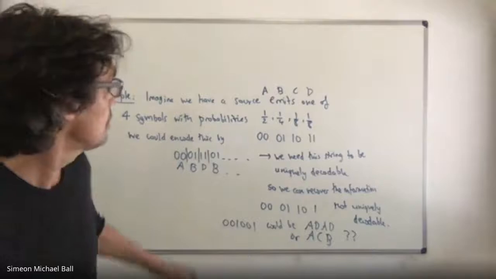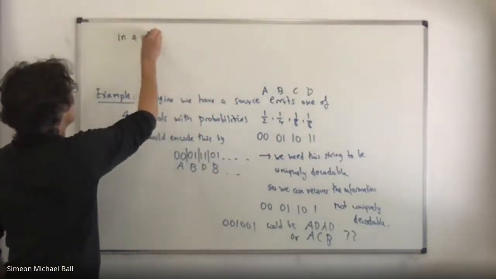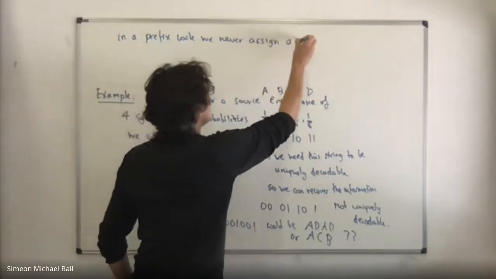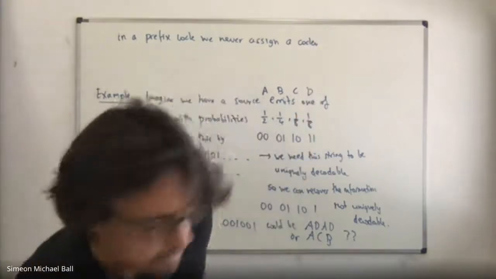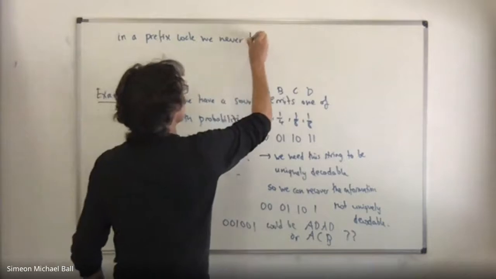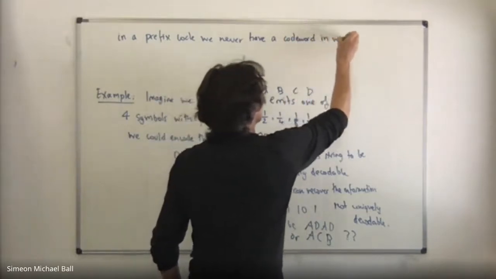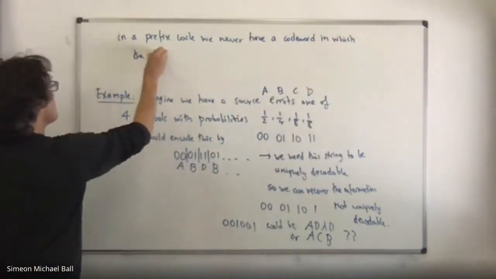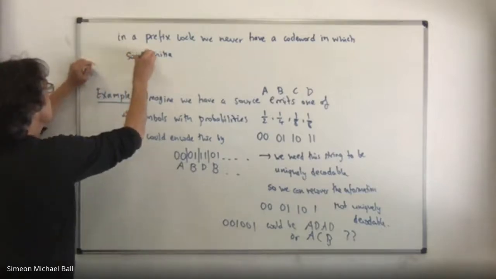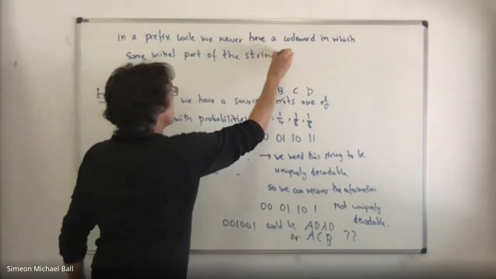A prefix code is one in which we never assign a code word in which some initial part is another code word.